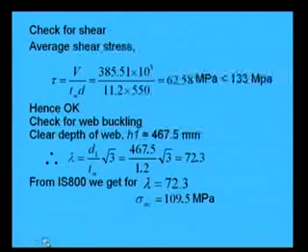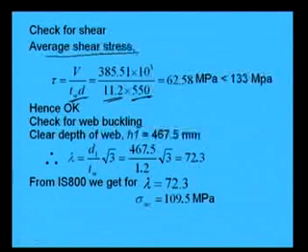So now the shear stress also we have to check. The average shear stress we know is V by TWD. As we know, the shear stress is taken care of by the web of the beam. So V was 385.51 as we calculated, and TW is the thickness of the web, and D is the depth of web, right.